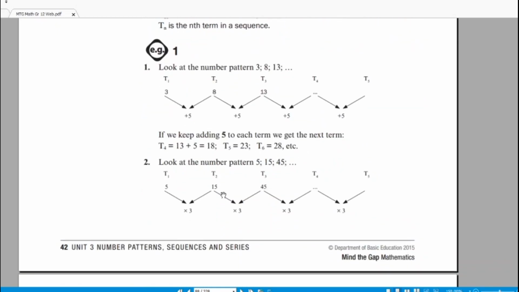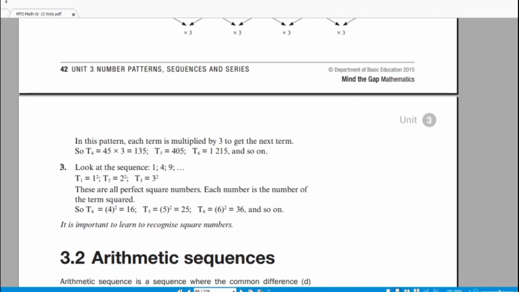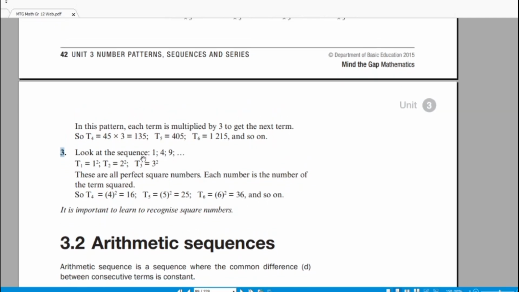Right? Then we started with the examples. We looked at examples 1, 2 and 3. I think I will do example 3. Here they say look at the sequence 1, 4, 9. These are all perfect square numbers.